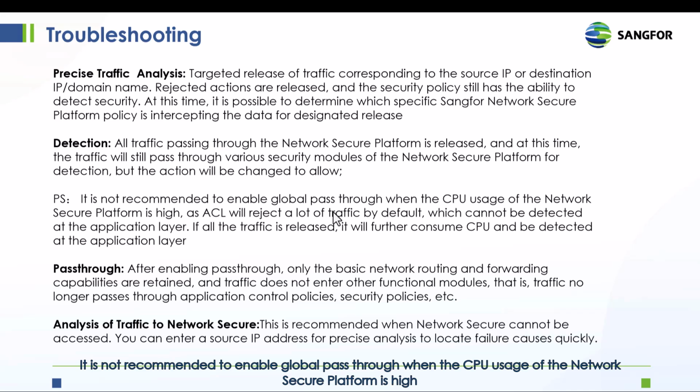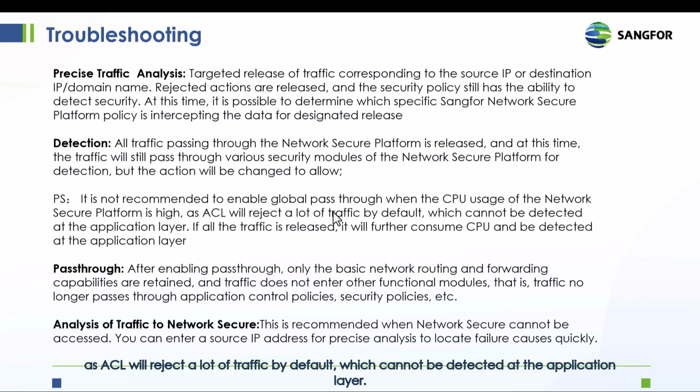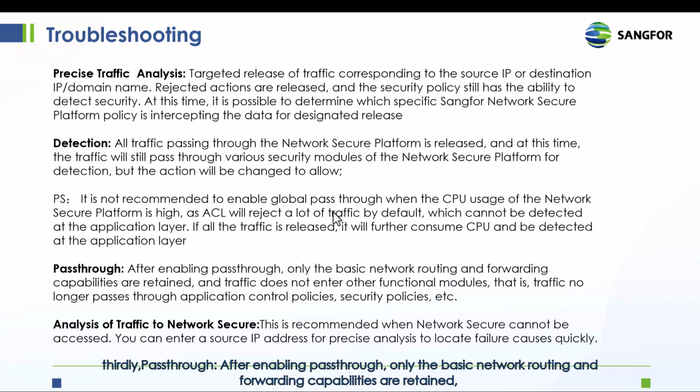It is not recommended to enable global pass-through when the CPU usage of the network secure platform is high, as ACL will reject a lot of traffic by default, which cannot be detected at the application layer. If all the traffic is released, it will further consume CPU and be detected at the application layer.